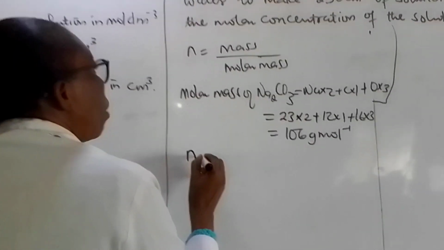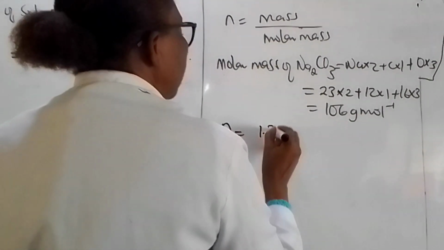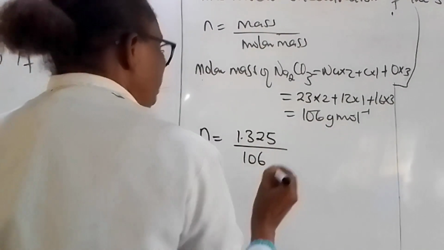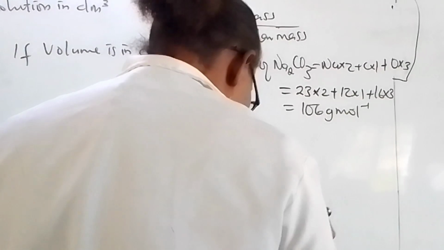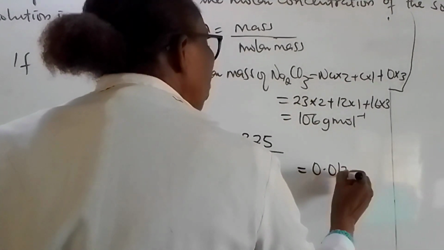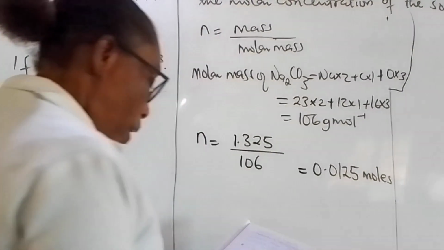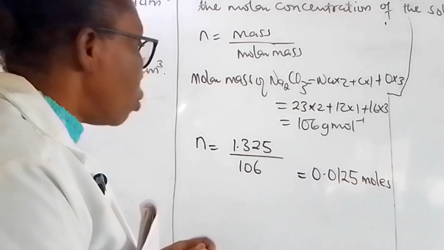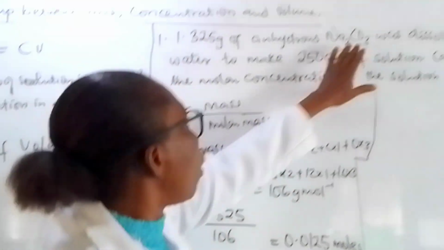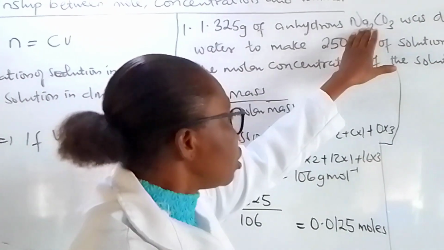Number of moles n, or amount n, is 1.325 divided by 106, and that will give us 0.0125 moles. That's the number of moles of sodium trioxocarbonate 4 contained in 1.325 grams of this salt.